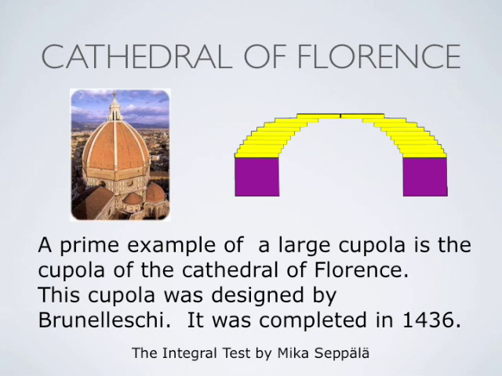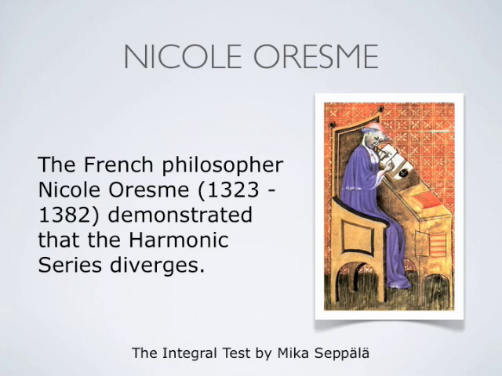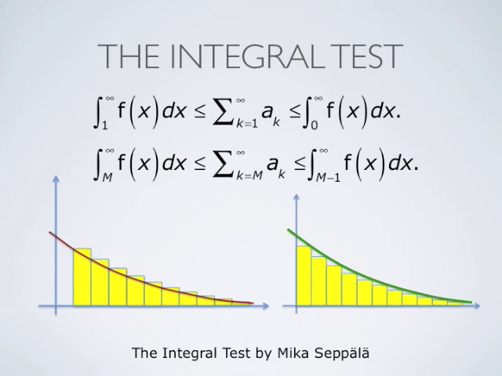However, that plays a role also here. The French philosopher Nicole Oresme, who lived from 1323 to 1382, demonstrated that the harmonic series diverges. Therefore, this fact was certainly known to Brunelleschi when he designed his cupola.